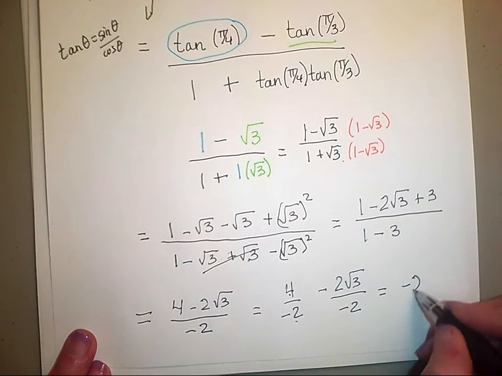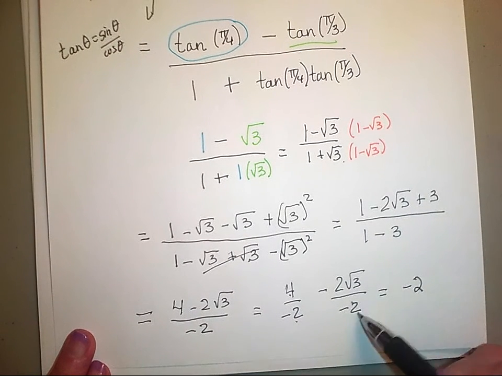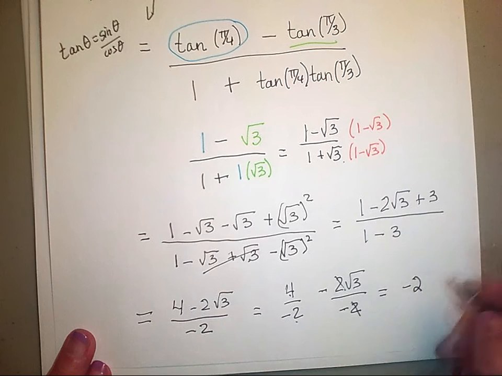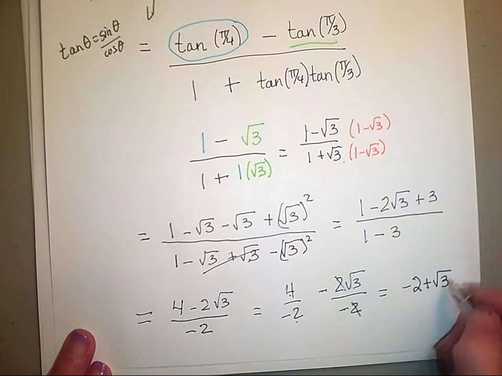The negative 2 goes into positive 4 negative 2 times. Here the 2's will cancel, and the negative will become positive.